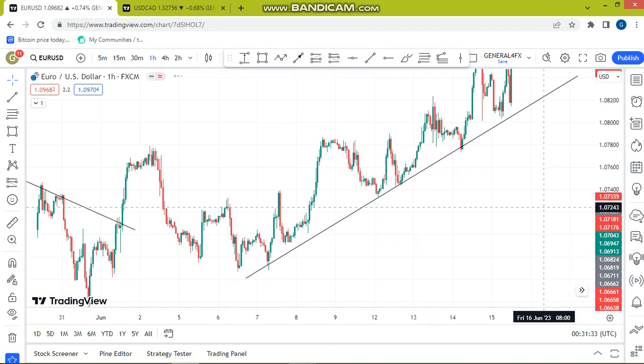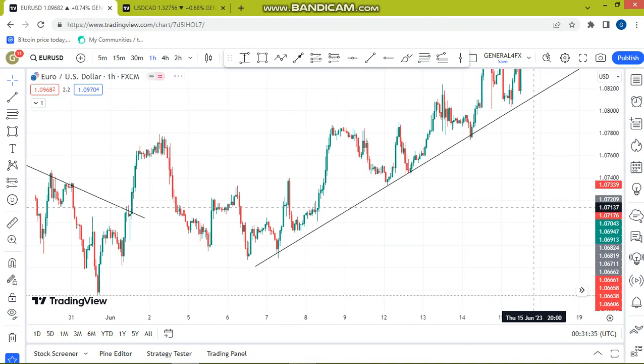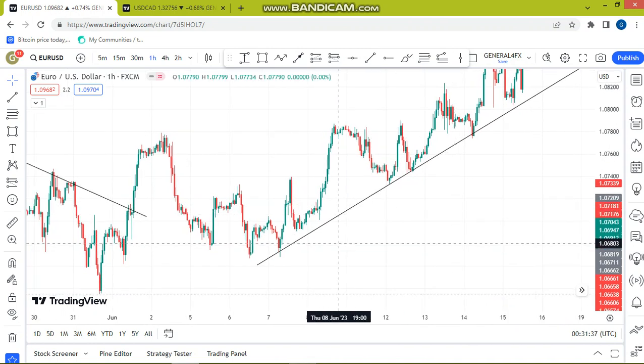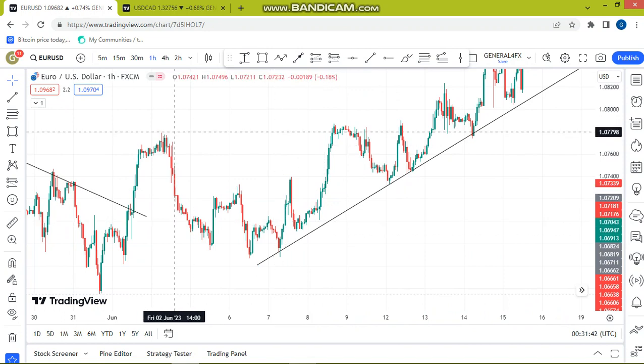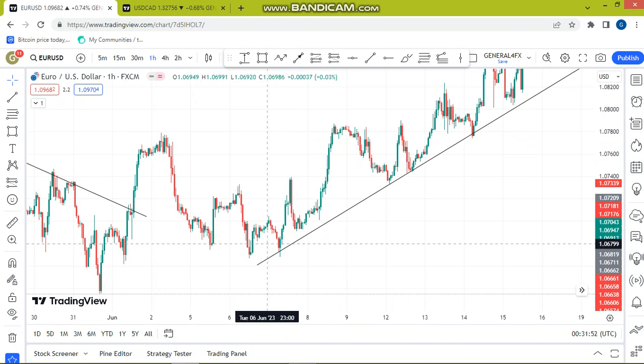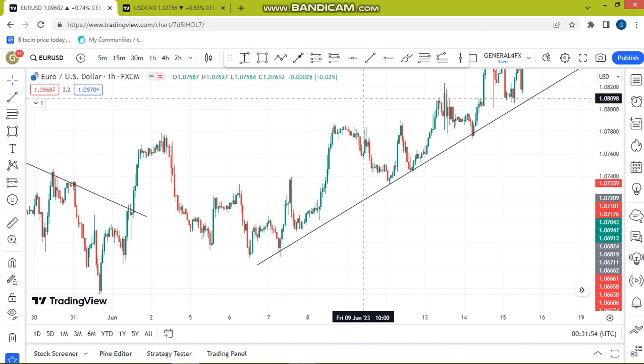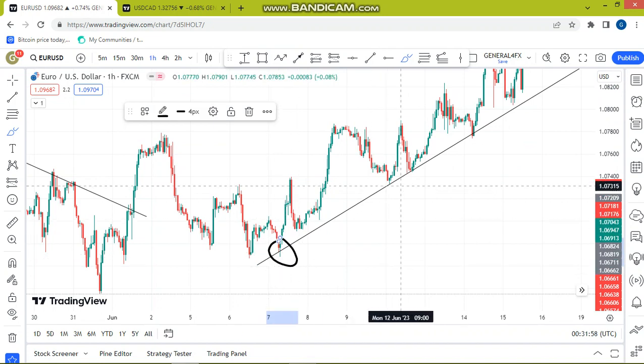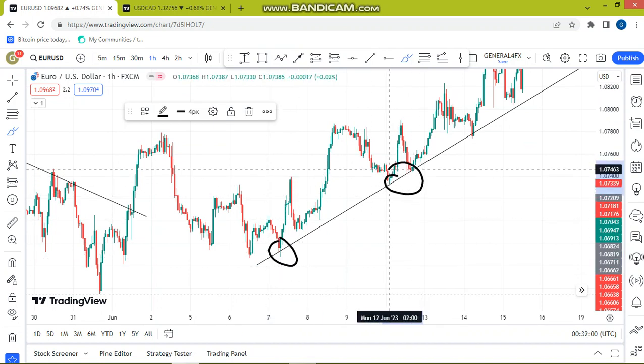Simple. You are looking for an area of confluence, and before a trend line can be a trend line, and before you can call this a pullback strategy, you need to have seen this bounce on the trend line twice. This is the first time, and this is the second time right there.